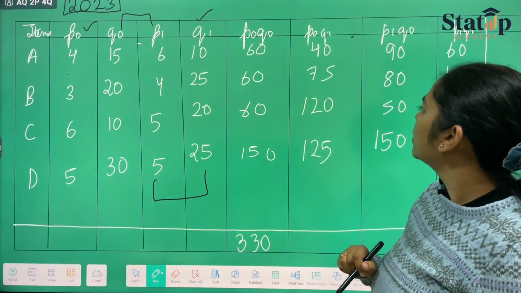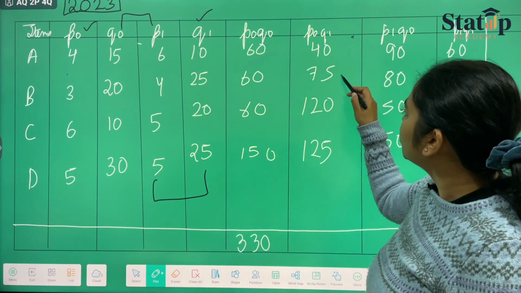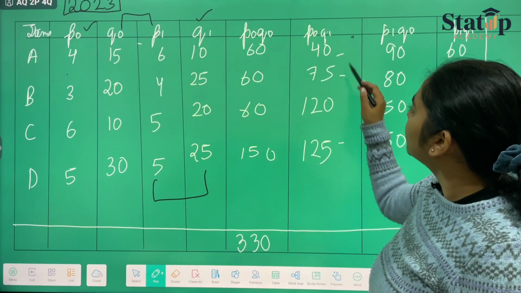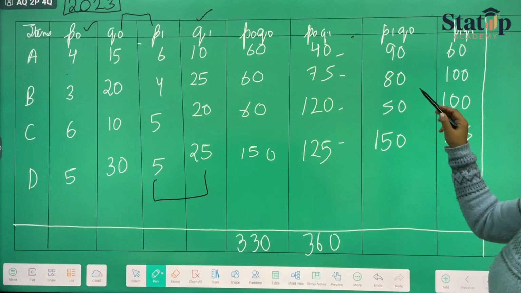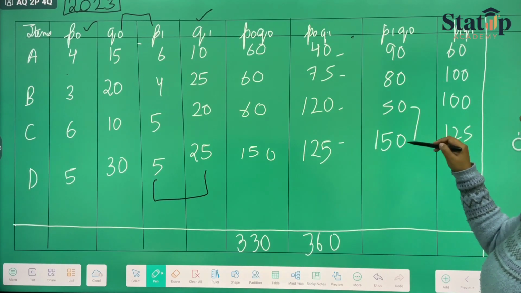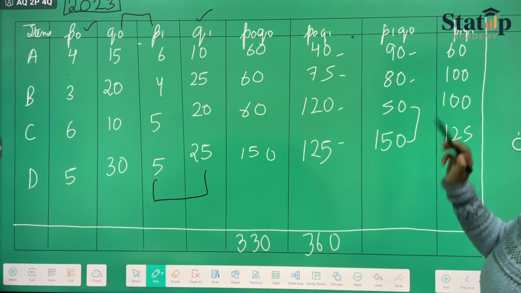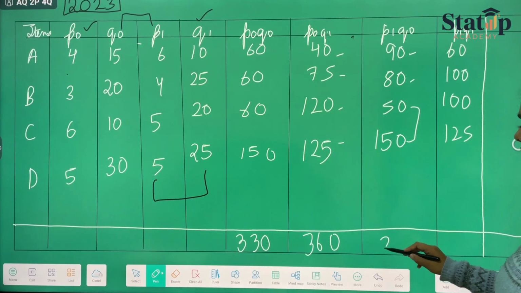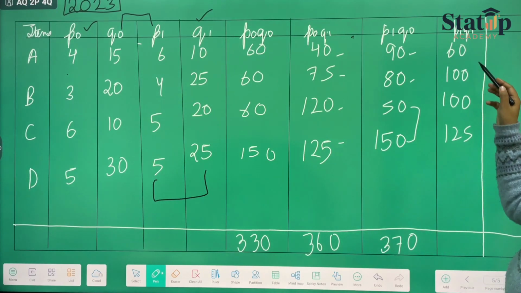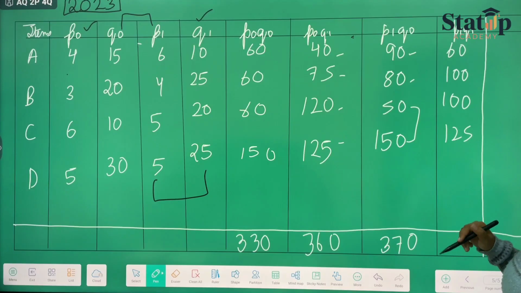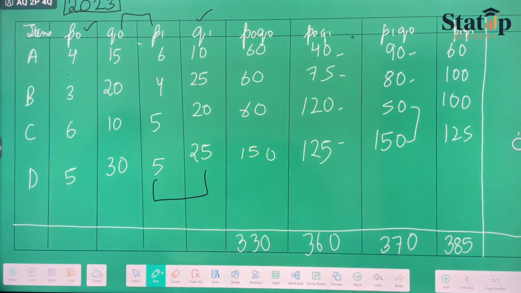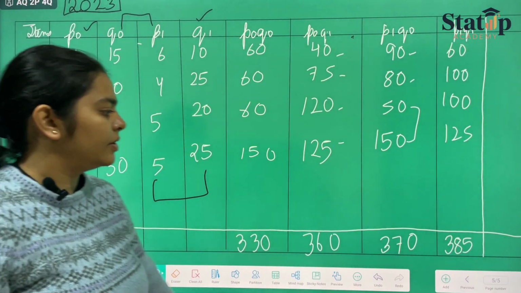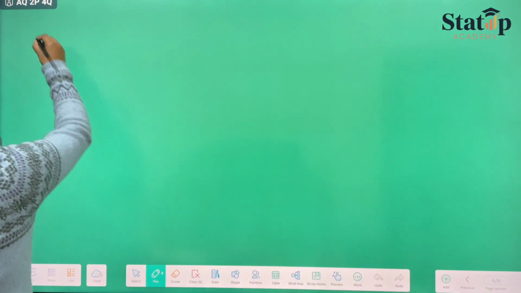This is 360. This is 370. And this is 385. So these are the totals that have come. Now we know the formula for Laspeyres.